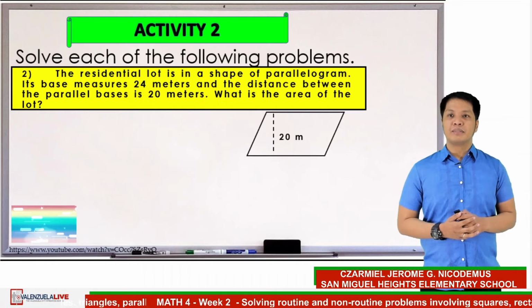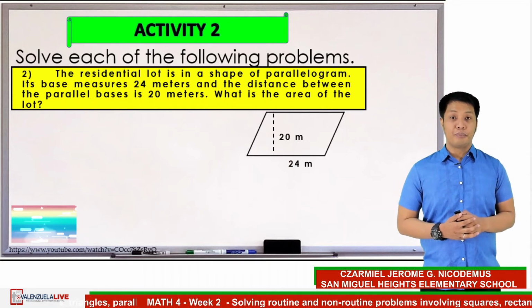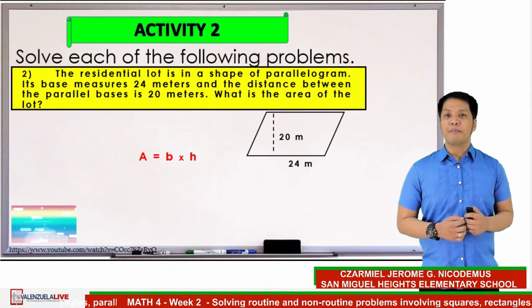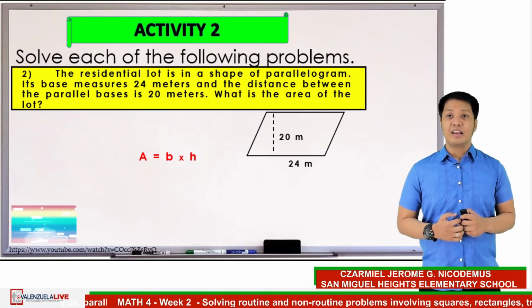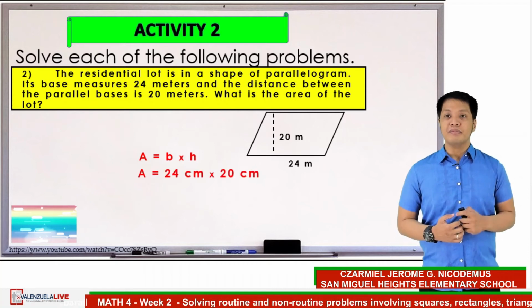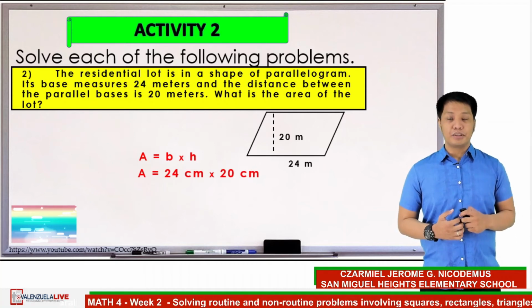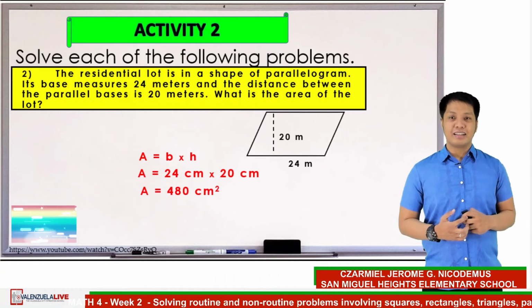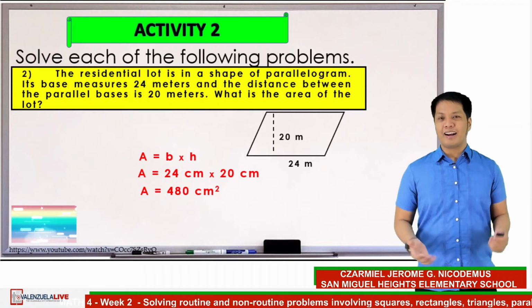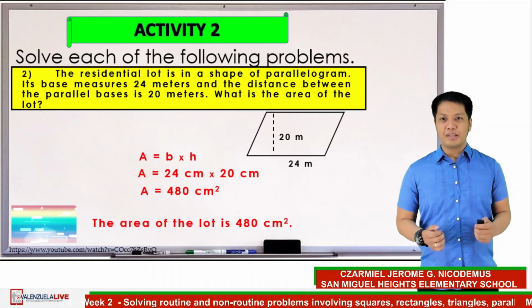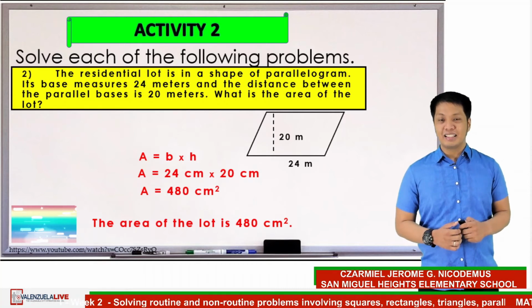And the base measures 24 meters. The formula for finding the area of a parallelogram is A, area, equals base times height. So 24 meters times 20 meters is equal to 480 square meters. The area of the lot is 480 square meters.